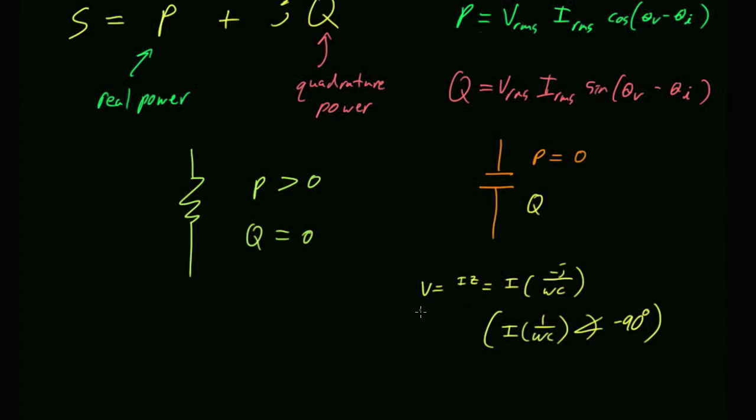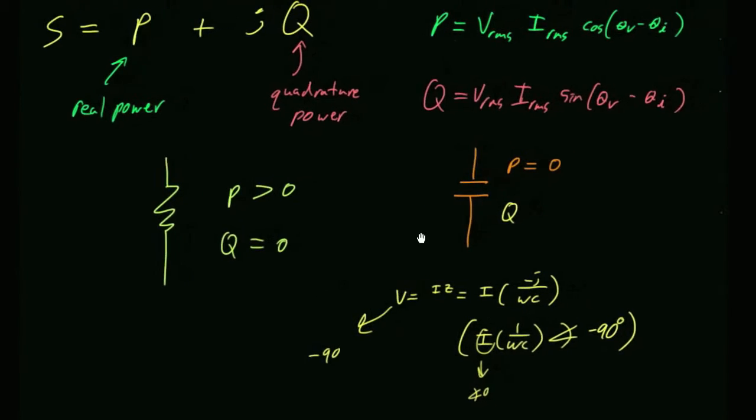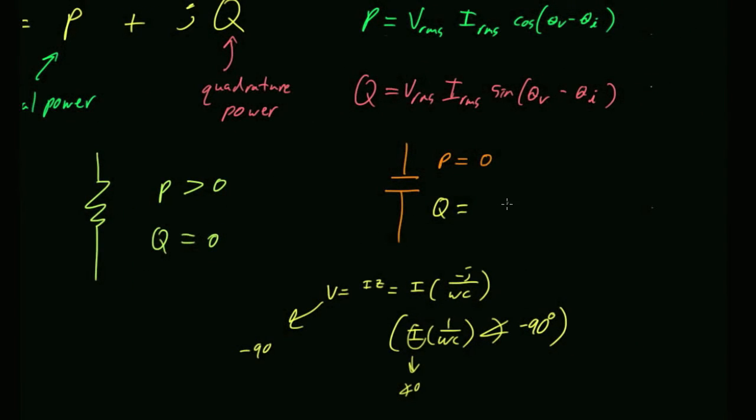If your current has a phase angle of 0, and you multiply these together, what's your voltage phase angle going to be? Negative 90. Okay? So for a capacitor, you have sine of negative 90 minus 0. What's sine of negative 90? Minus 1. Minus 1 times whatever V RMS times I RMS is. So the point is, the quadrature power is negative.